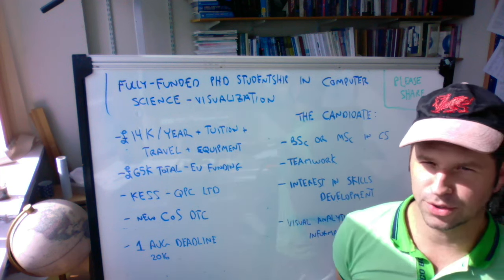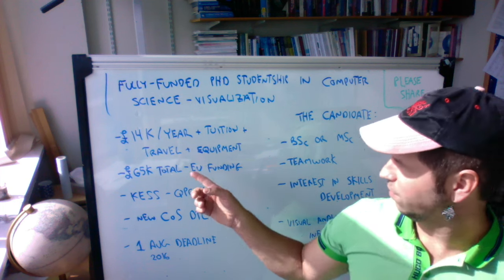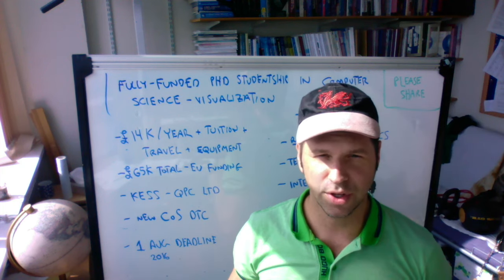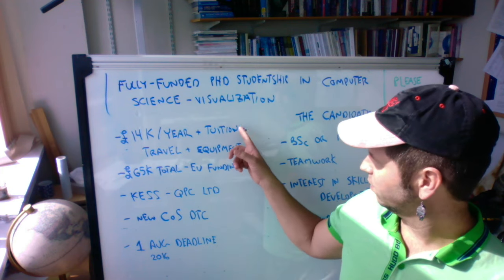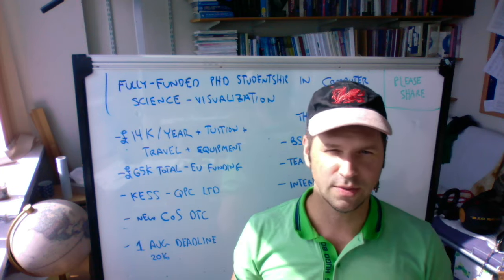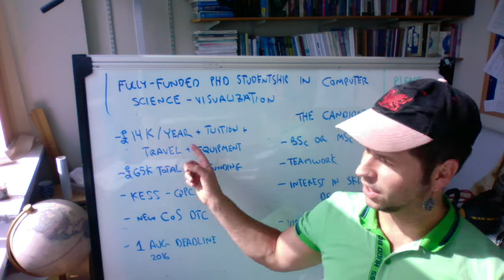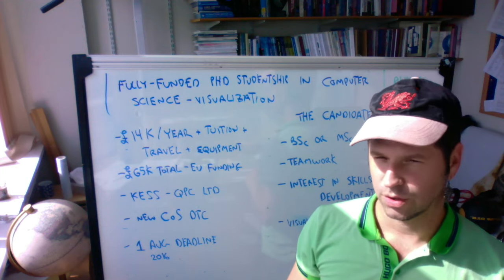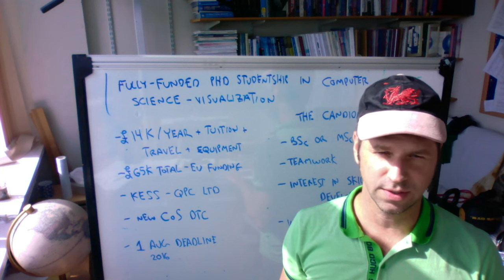So a little bit about the studentship. This studentship pays 14k pounds per year as a salary, plus it pays for the tuition costs of Swansea University, travel, and equipment. 14k is tax-free, so that's the equivalent of about 20k with taxes.